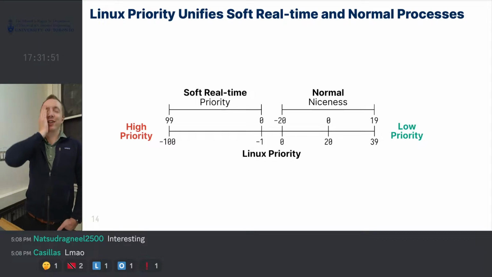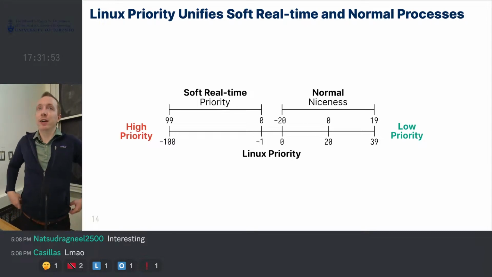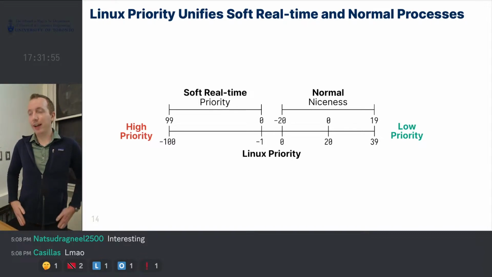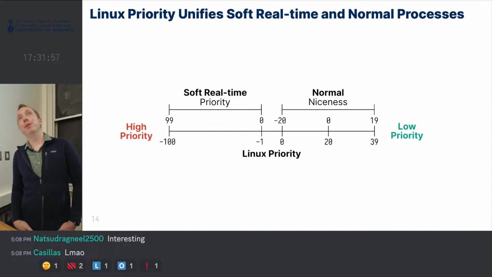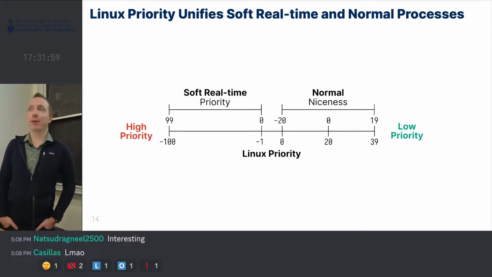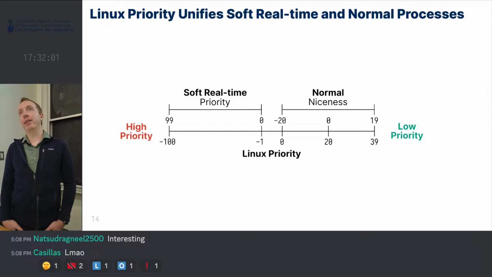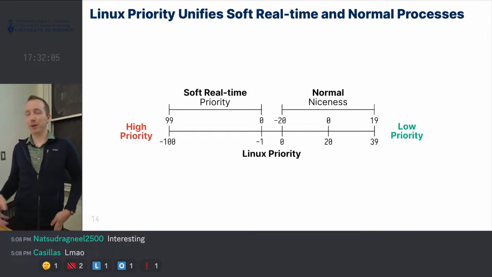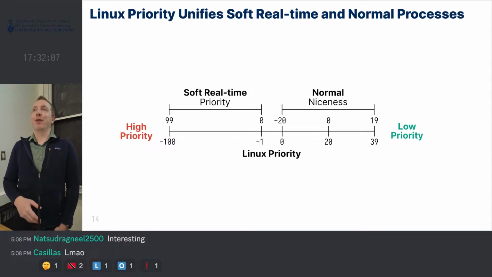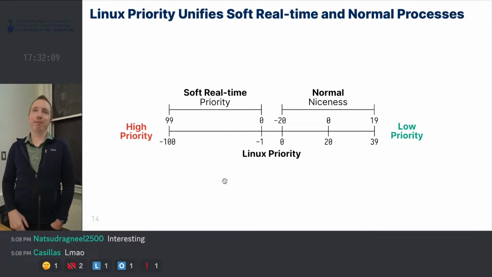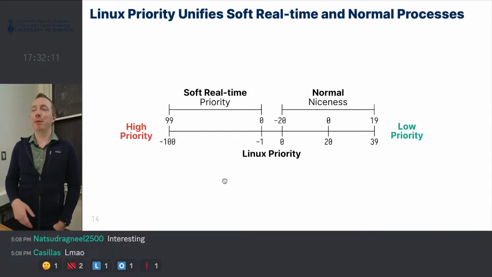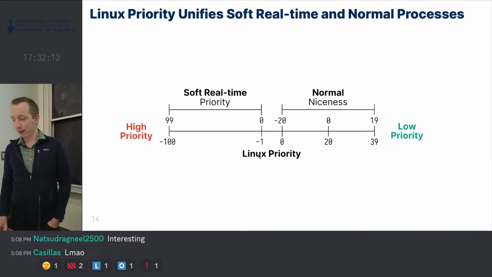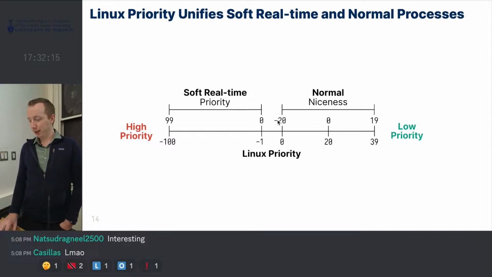So what does it look like with that mess? Well, Linux has a priority that tries to unify the real-time priority scale and its niceness into a Linux unified priority, which makes things real fun because trying to make it simpler, they just came up with a third priority. So here is our niceness that is fairly easy to figure out.